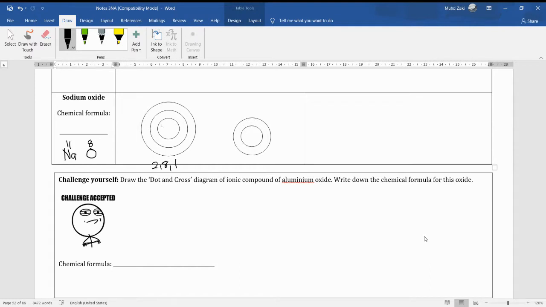Let me see before I go to oxygen. Oxygen will be 2, 6. Figure out how many electrons need to move here and there. For sodium, let me draw first. Oxygen we indicate using a cross.